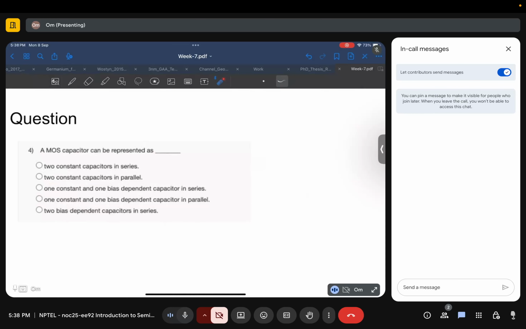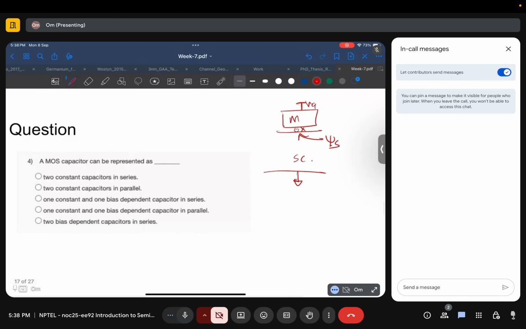Okay, so if you remember, in our MOS cap, what we have is metal, oxide, and semiconductor, right? If we apply, let's say, VG here and ground here, we have psi s at the surface, and this oxide gives us a capacitance here, and when we apply some forward bias, we have a depletion capacitance here, right?